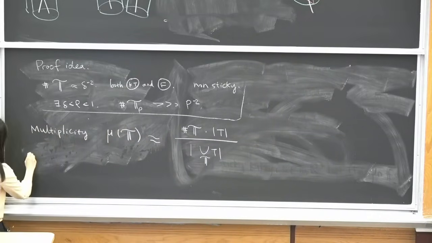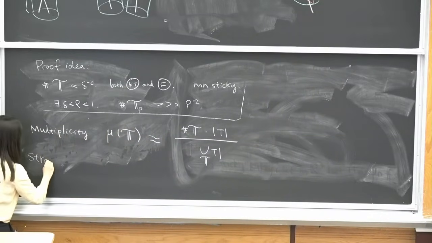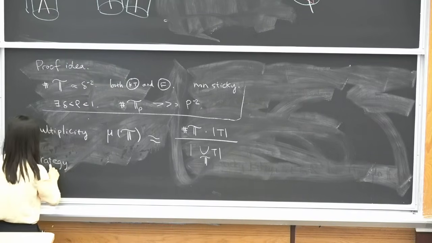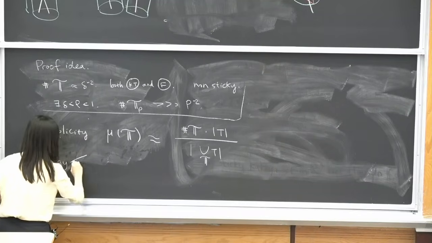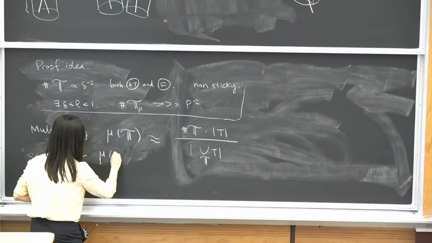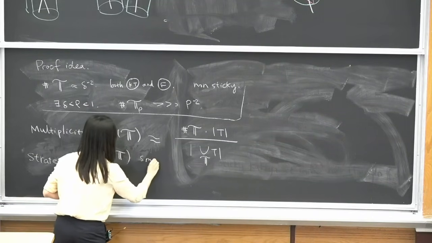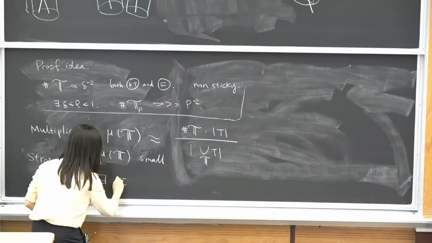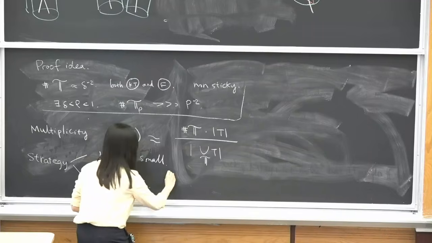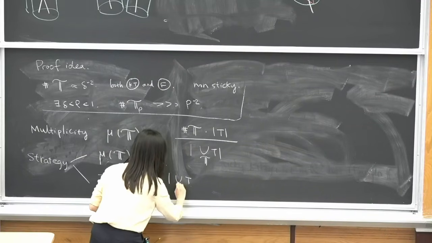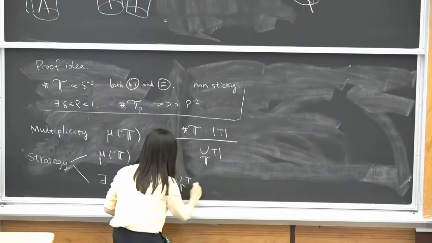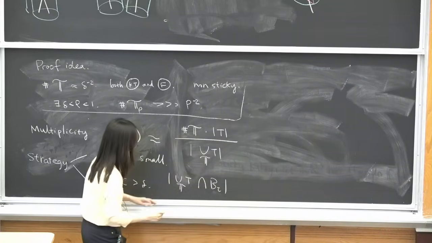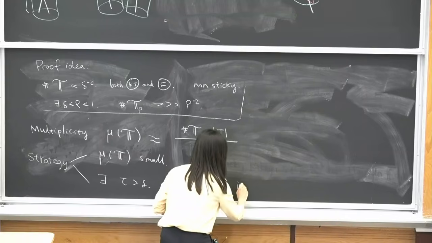And we have some strategy. So the winning strategy: either we show that the multiplicity is small, or we show that there exists some tau greater than delta, such that the union of tubes intersect some ball, a typical ball of radius tau, is large.